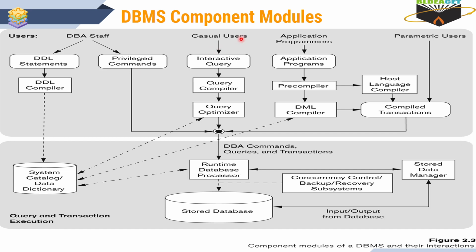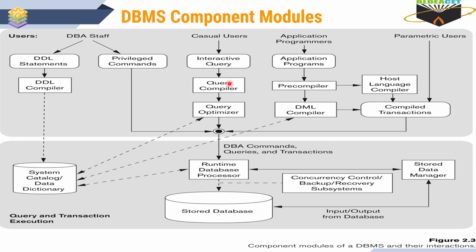Next are casual users, who occasionally need information from the database. For that, they use interactive query interfaces to interact with the database. These interactive query interfaces are compiled using the query compiler.